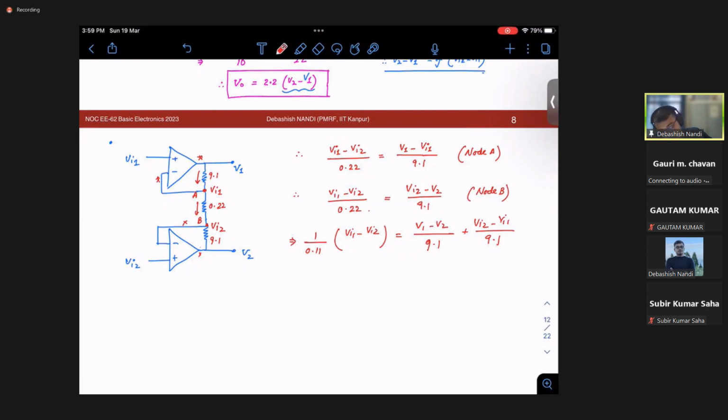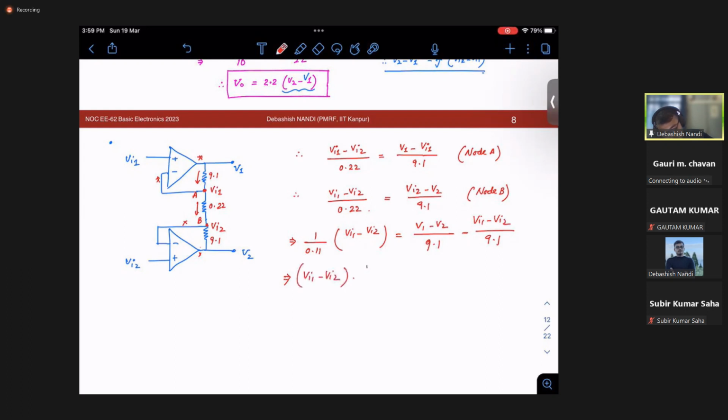minus, then I can write this Vi1 minus Vi2. So if I take it this side, it will be Vi1 minus Vi2 into 1 by 0.11 plus 1 over 9.1 equal to V1 minus V2 over 9.1.